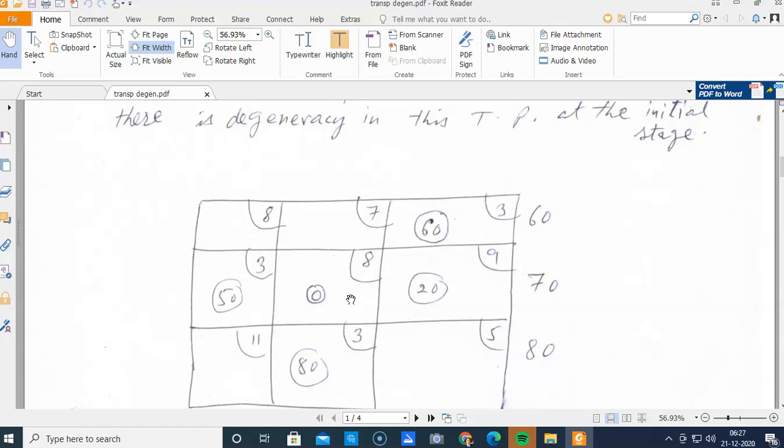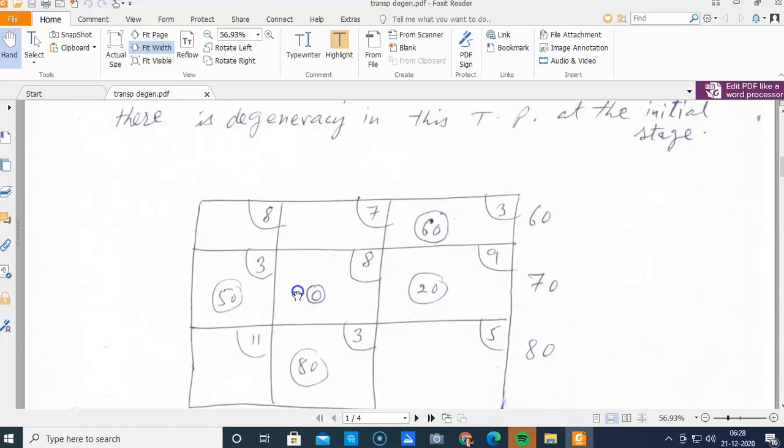But it is also quite valid that you can allocate 0 to any empty cell in order to make the number of occupied cells m plus n minus 1. So I am putting this 0 over here inside the circle. You have a choice. You can put it in this empty cell or this or this.